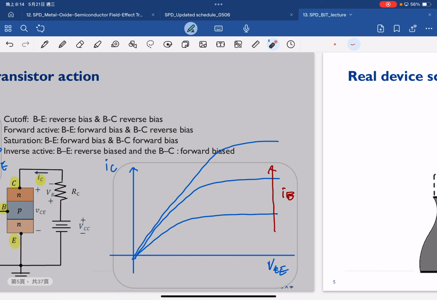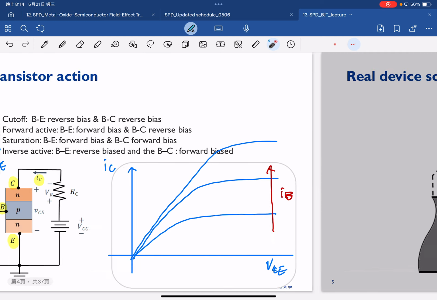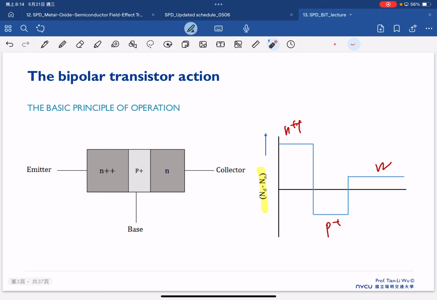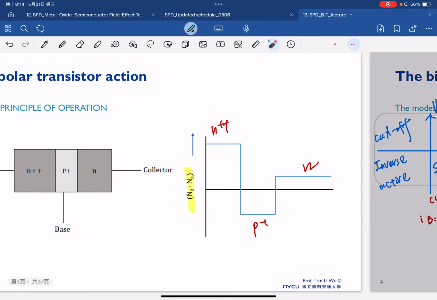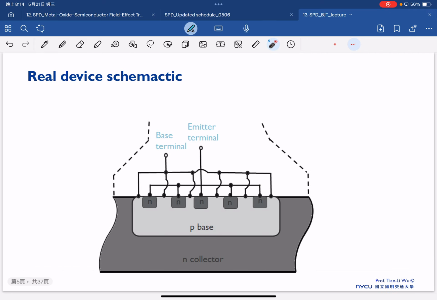And then in reality, although previously we mentioned that this is the schematic for our device, it is not possible to make a device in this way. What we can really fabricate is a transistor like this. We have the N collector as a substrate, and we implant one region as the base, and then implant a smaller region as the emitter.